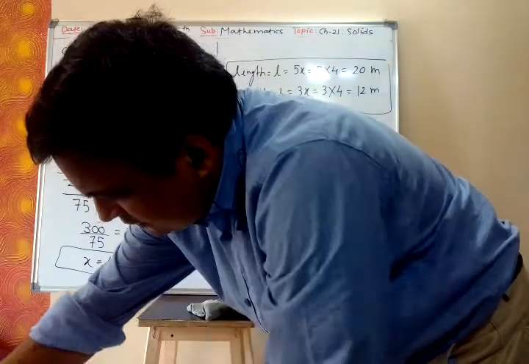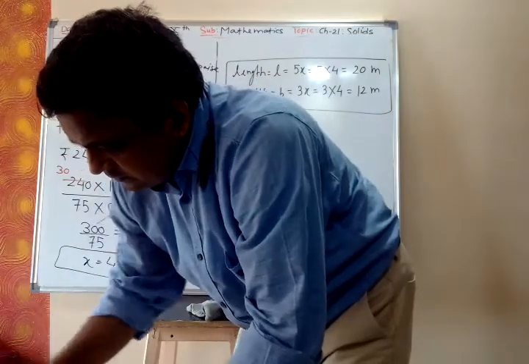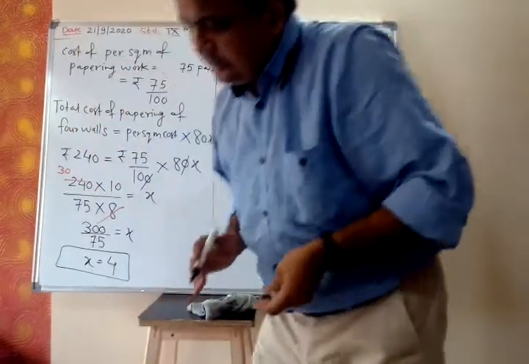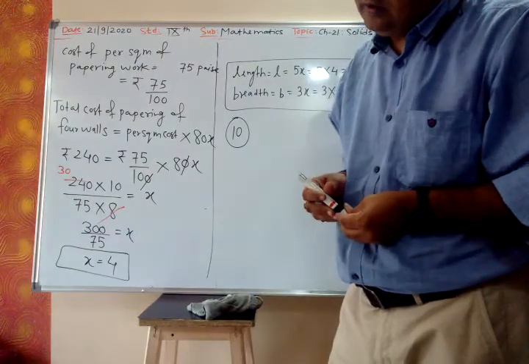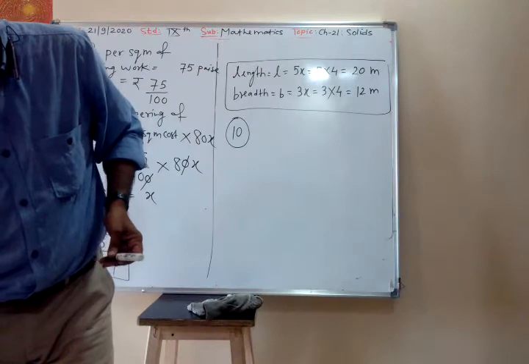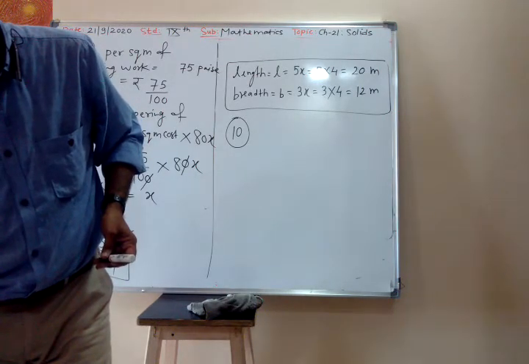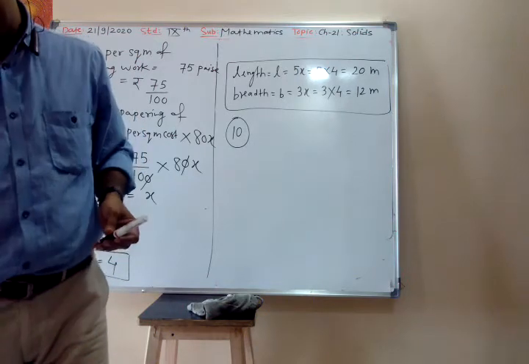Now what is given? Sorry, in the 10th, the 9th is homework. A square plate of side x centimeter is 8 millimeter thick.